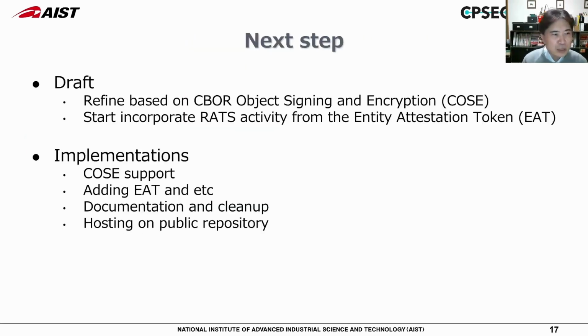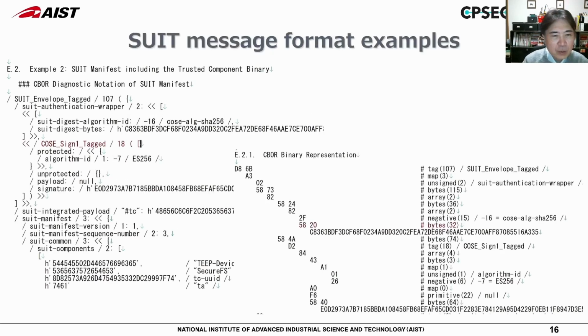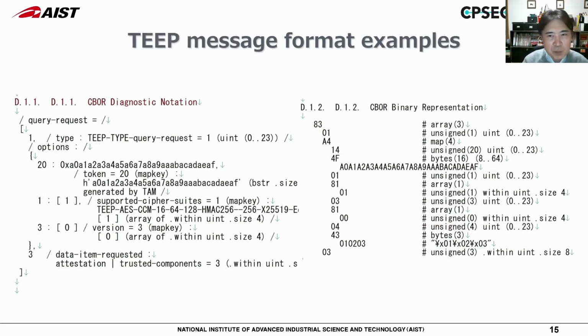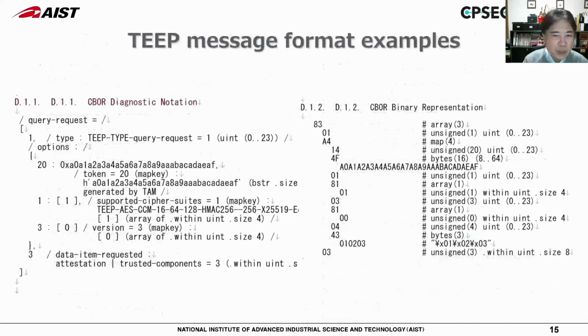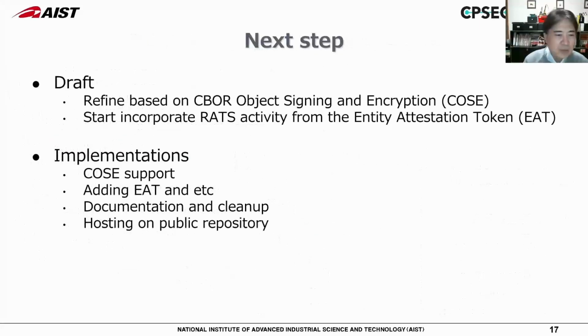So what's left next? There are still many things that must be done. The draft is still missing a few portions, and the other thing is implementation. All the examples here, coming with the TEEP message format, the CDDL, and the format examples in the draft, are feedback from prototyping.